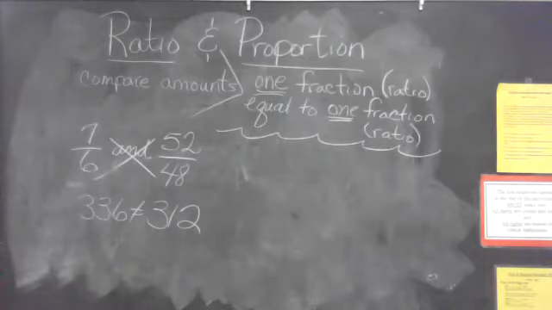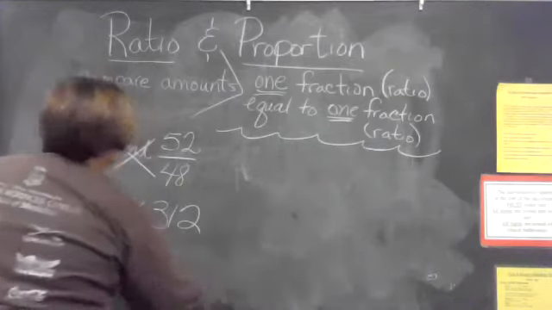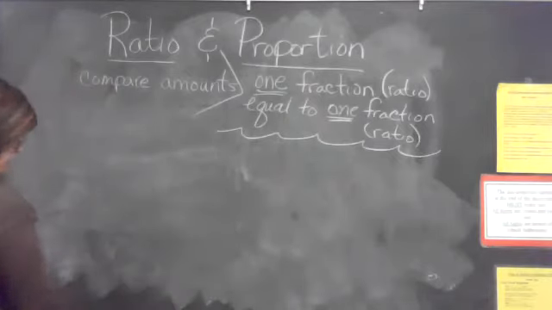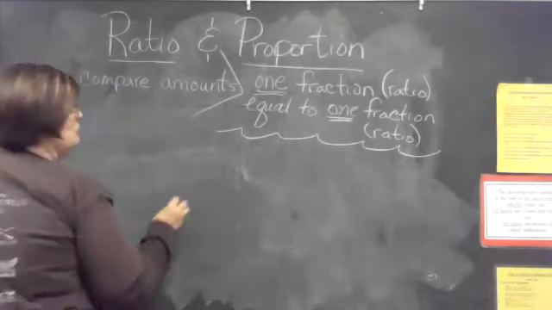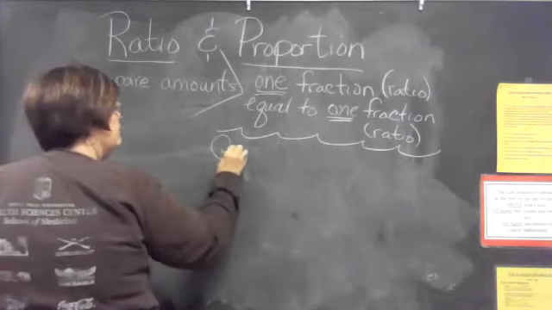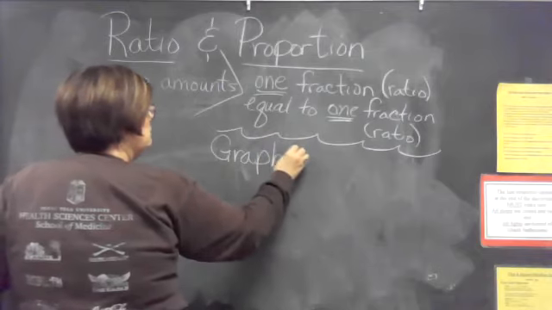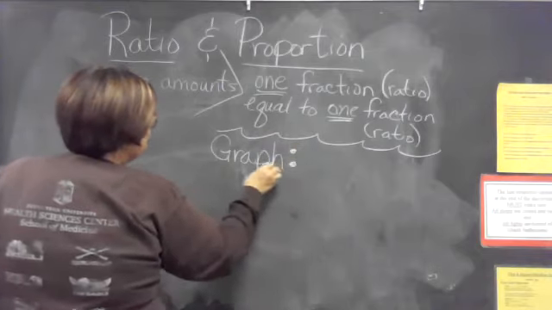Now, what if they don't give you the fractions, but they give you a graph? And they want to know if it's a proportion. So for a graph to be a proportion, it must be two things.